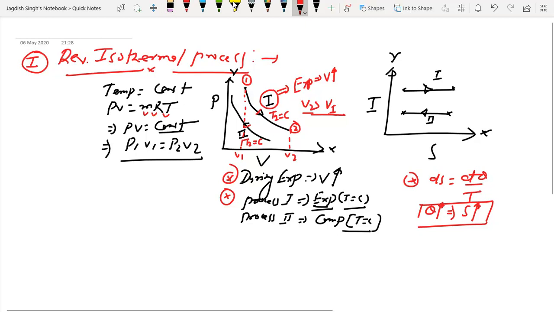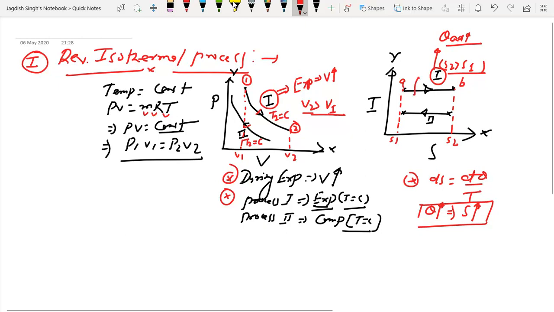In process 1, let us suppose the entropy at state A is S1, and at state B the entropy is S2. In this condition, we can see that S2 is greater than S1. So we can say that process 1 is reversible isothermal heat addition.